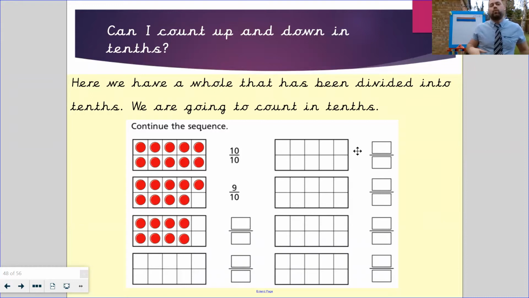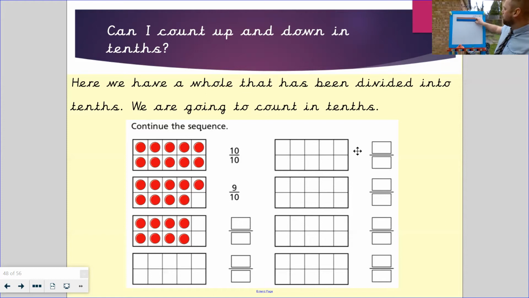Just to recap, a tenth is when we've taken a whole number and divided it into 10 equal parts. So you're basically taking a number and dividing it by 10, and whatever your answer is, that is a tenth of that number. For example, if I had 100 and I divided it by 10, my answer is 10.